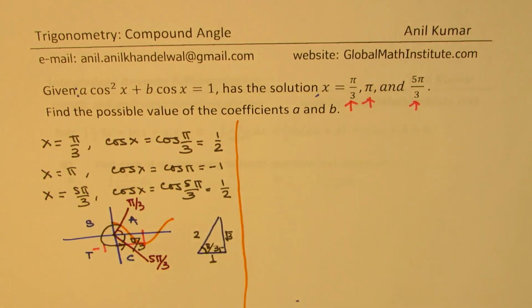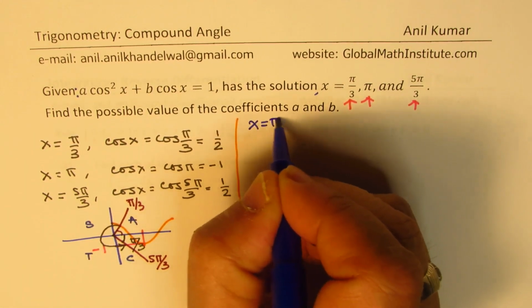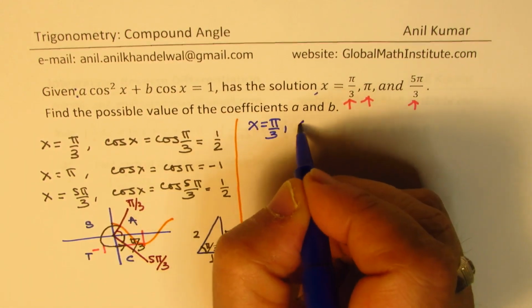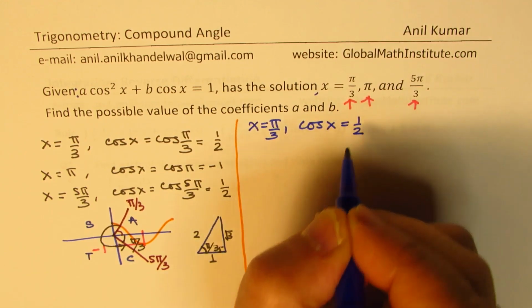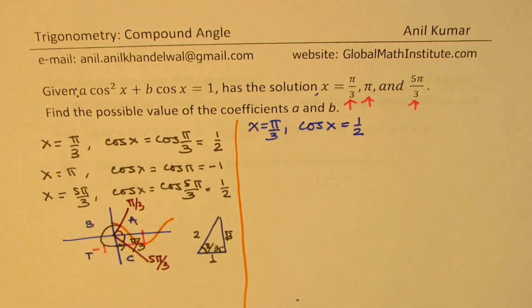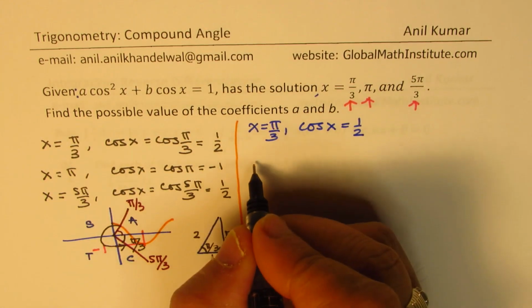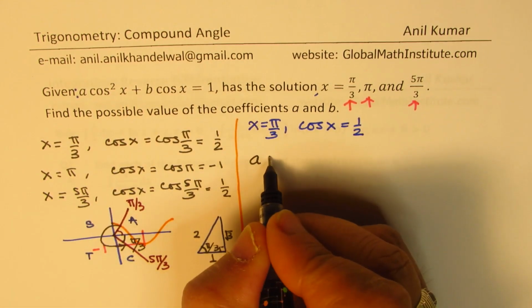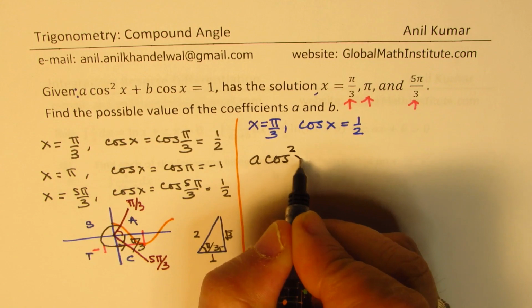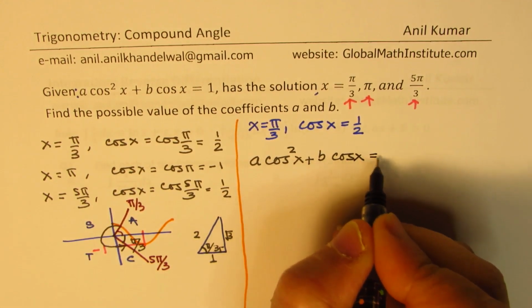So when we consider the formula for x equals pi by 3, in that case we've seen that cos x is equal to half. So we'll write our equation in this condition. So a is a constant. Let me write the equation first. It is a cos square x plus b cos x equals 1.